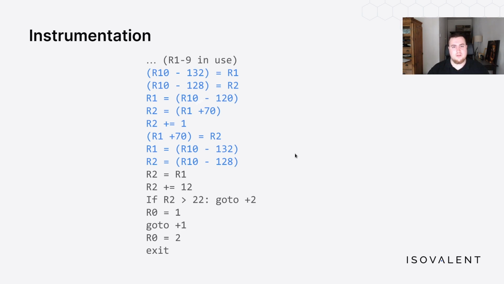In this case, we determine that we want to use R1 and R2. So the first 2 instructions basically save these registers to the stack. Then we can use them in the exact same way.